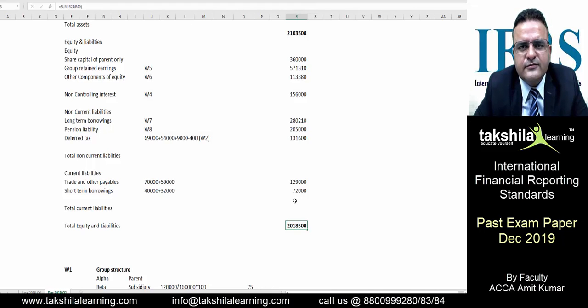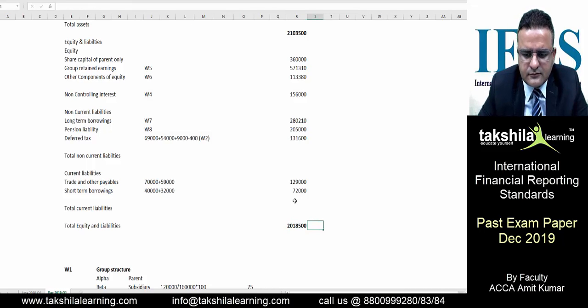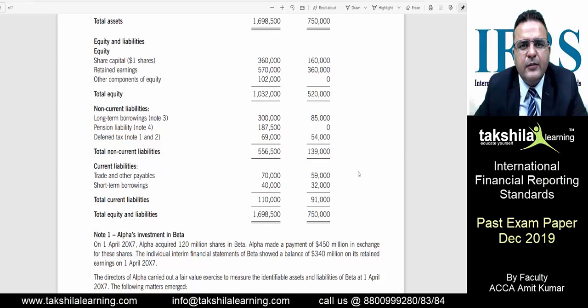What is missing? Which I have not included. 2,103,500 minus 85,000. So what is the mistake I am committing? See, I do not wish to be perfect.